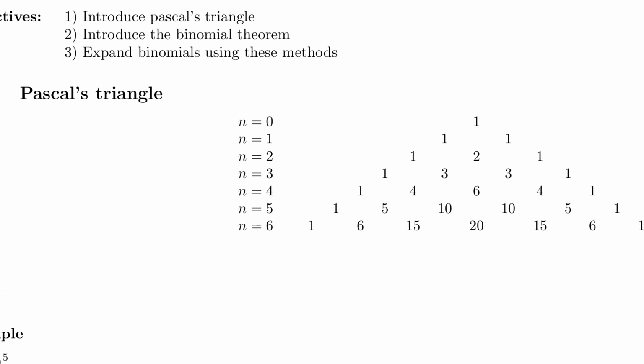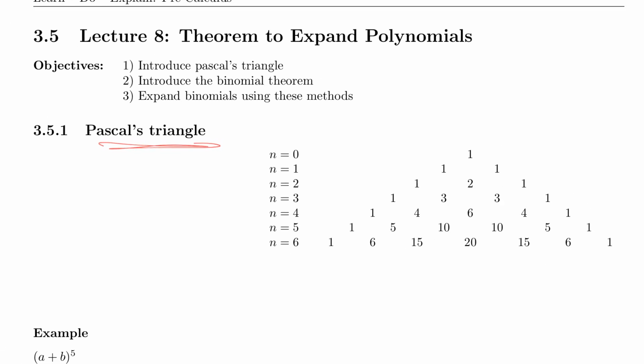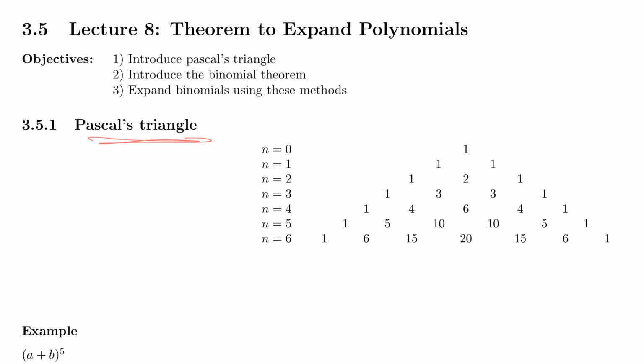Let's introduce Pascal's triangle. You will be amazed by knowing how many uses Pascal's triangle has, but today we will just talk about the expansion of a binomial. Okay, so the first thing to do is to know how to build Pascal's triangle. This triangle that we have right here is Pascal's triangle.